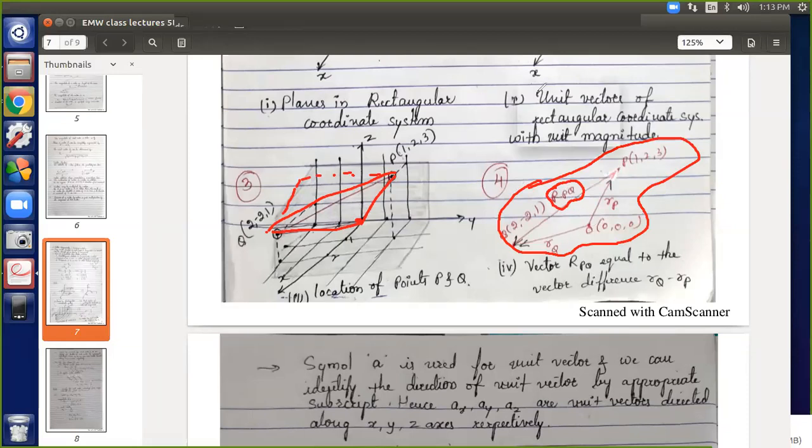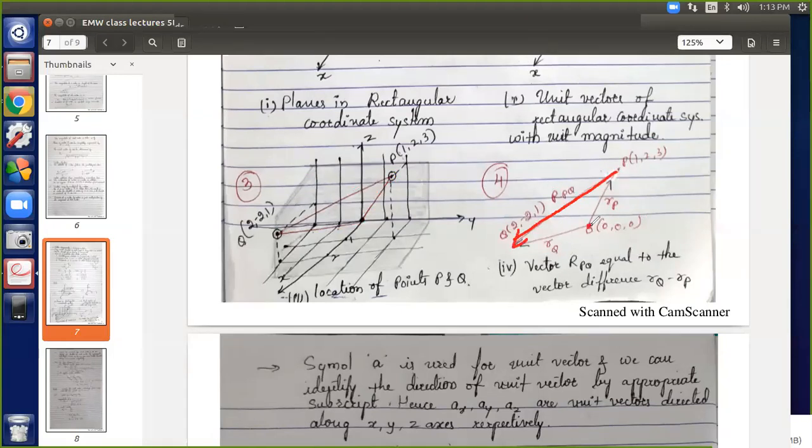Just look at the directions from point P to Q. If this is one thing and this is your origin, direction is in this way and one more is in this way. As an assignment, if you have completed vector addition, you will understand directions matter a lot.